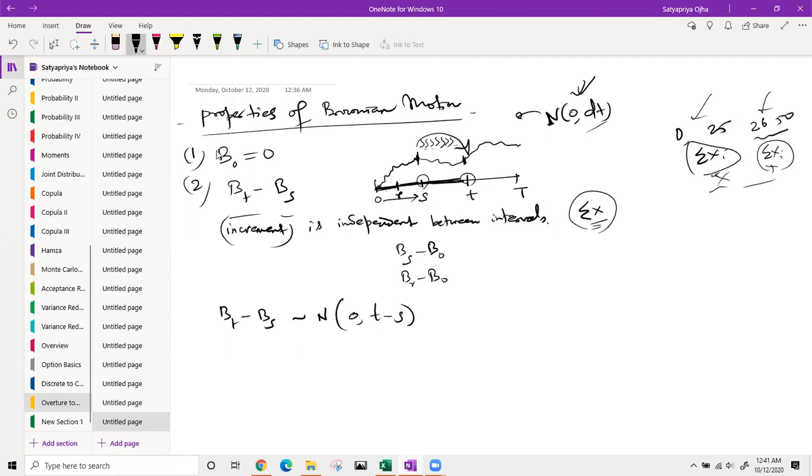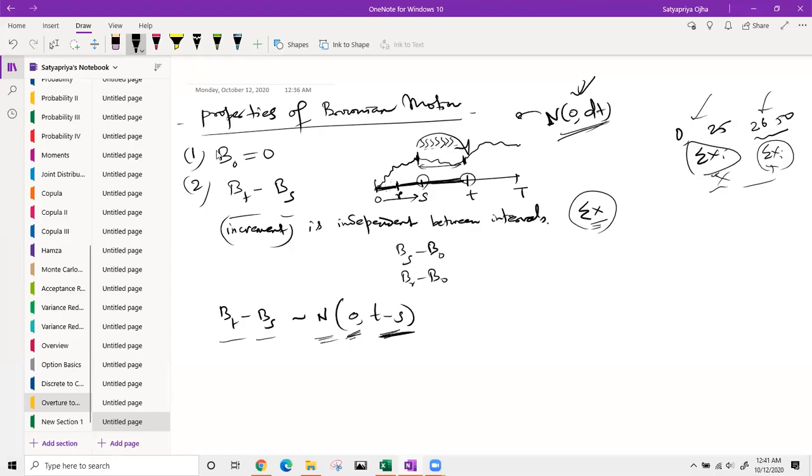Time intervals are not overlapping. Once you keep adding these, you'll always end up with a zero mean and a variance, which is the time difference. It's straightforward, correct? From here to here, what is the time difference? T minus S. So this increment will have a normal distribution, mean 0, and variance is the time lag between these two.